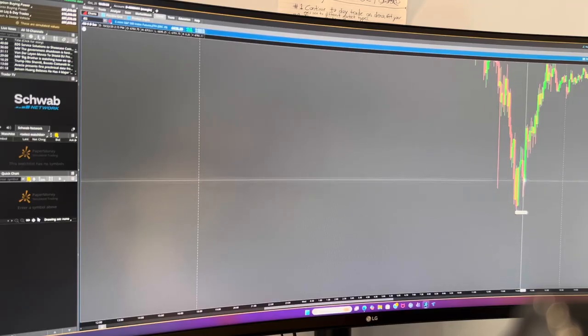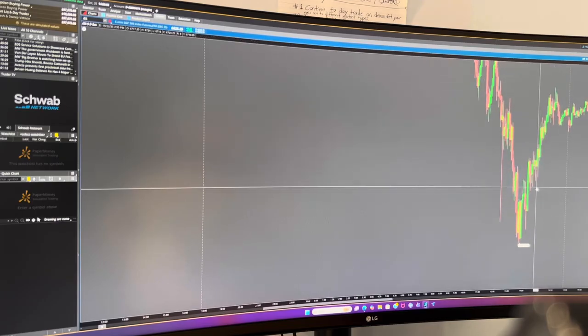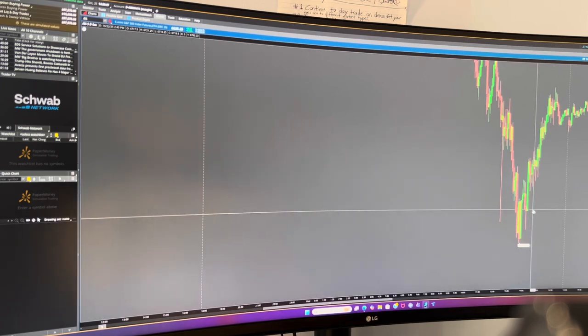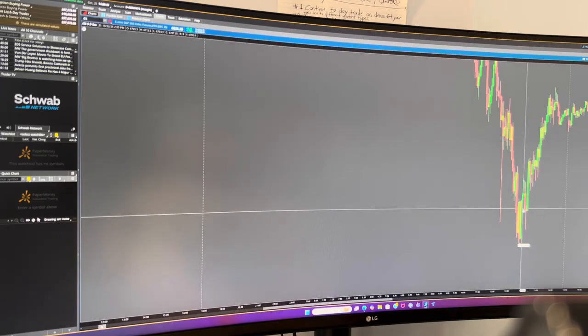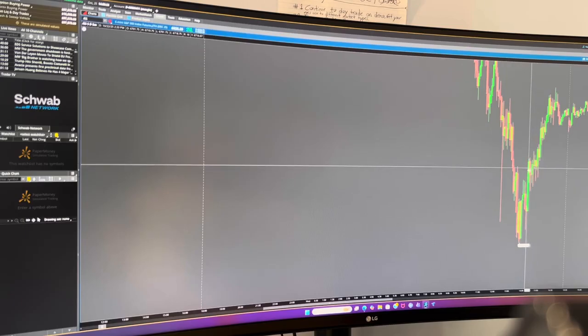This one was kind of the confirmation where it confirmed, but I didn't get out quite yet because I wanted to be patient and not make a decision based off of panic because I'm up a huge amount on the trade. So I let it do its thing for a little bit longer.